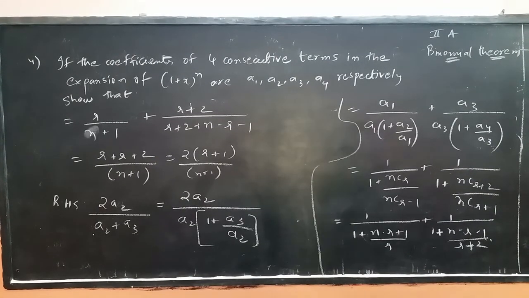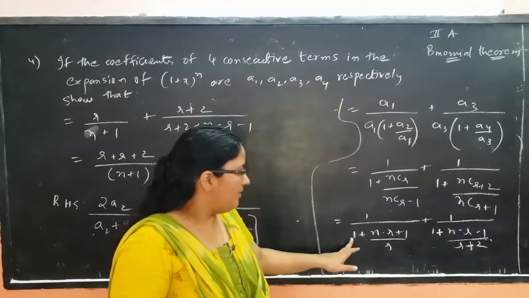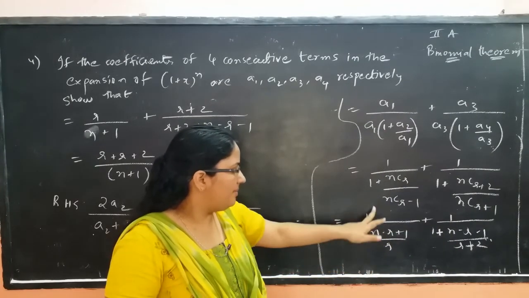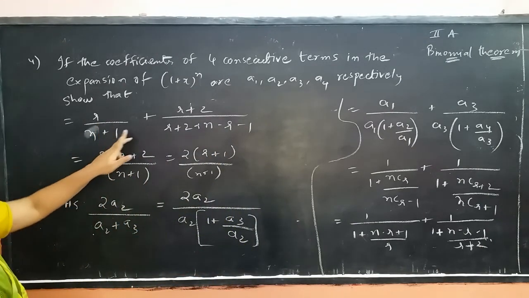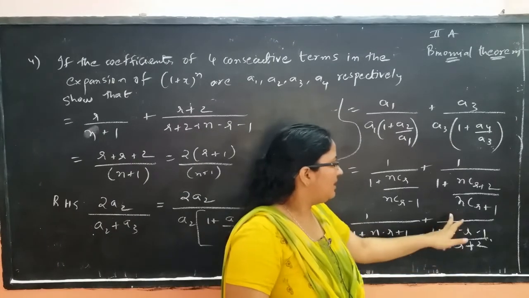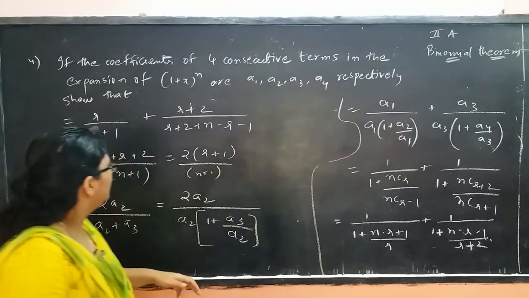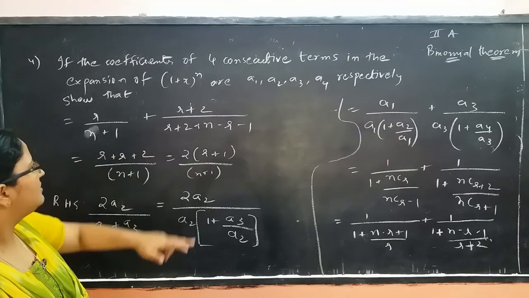In the next step, you have here the LCM. r goes up and r comes up, so you will have r/(n + 1), plus r + 2 comes over here and the remaining part comes here: (r + 2)/(r + 2 + n − r − 1).